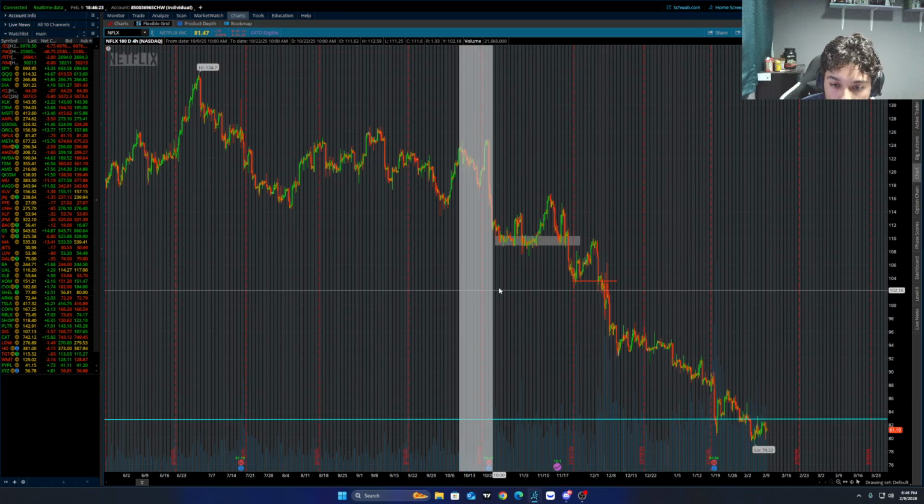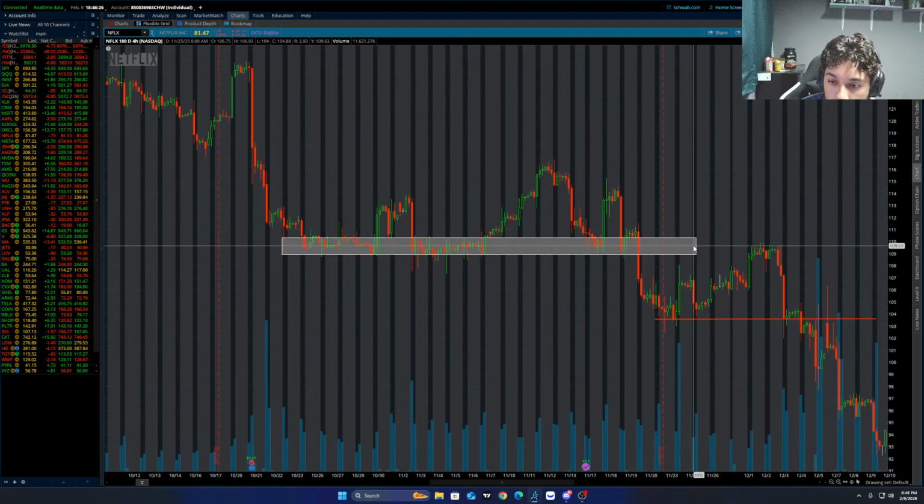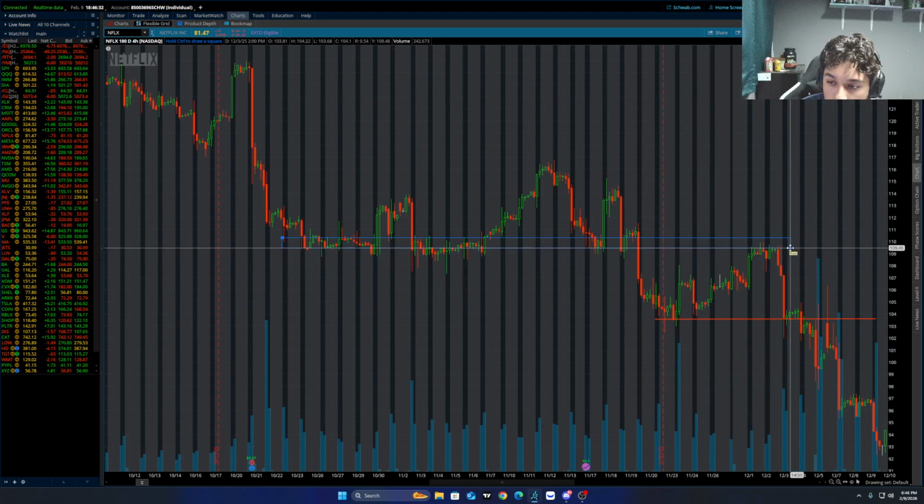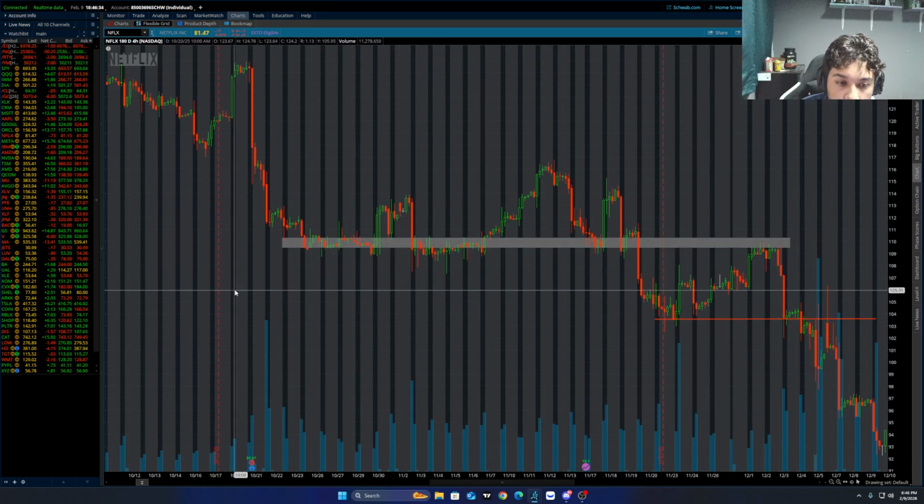Also right here, we have our demand area. We have our demand area and then turned resistance. So we dropped below this demand, started building pressure, and we reject from previous demand, turned supply.